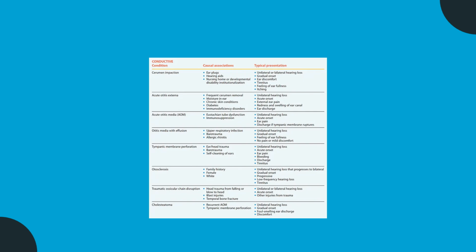It can also be caused by barotrauma and allergic rhinitis. The typical presentation will be unilateral hearing loss, gradual onset, a feeling of fullness in the ear, as you can imagine with the effusion, and no pain or only a mild discomfort because, as you come to understand, it's not really an infectious process so much.